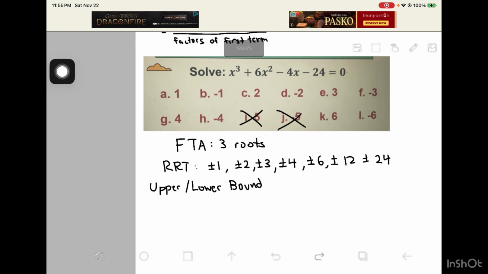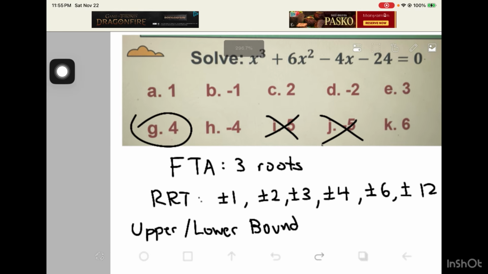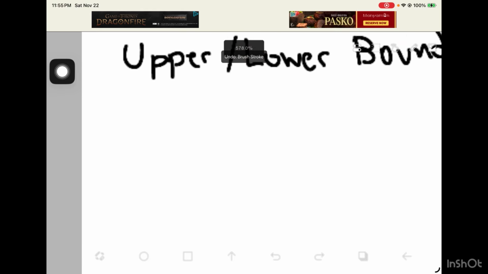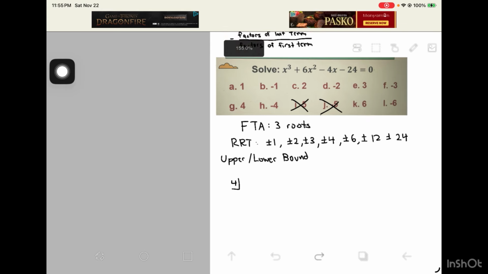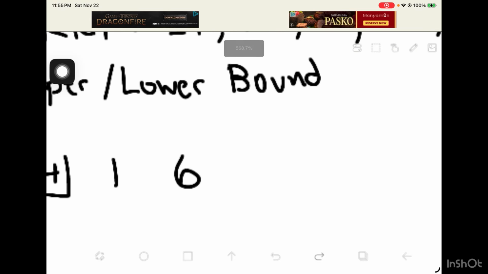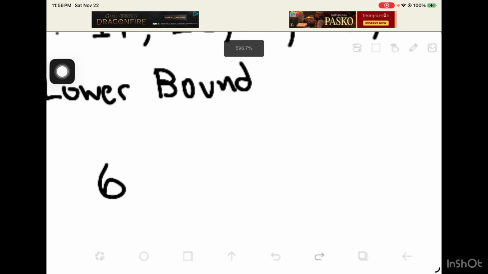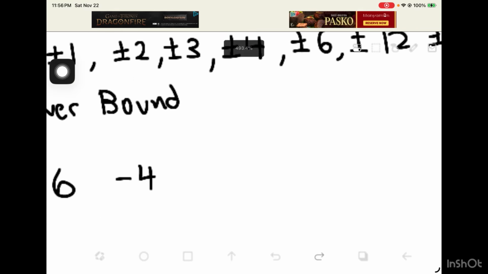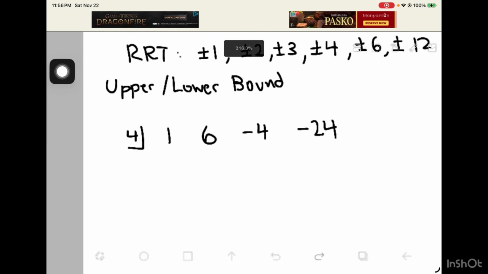Let's try to use positive 4 as an example here. So we put 4 over here, and we're gonna try to use synthetic division to divide it. So 1, 6, negative 4, and negative 24. And then we try this.